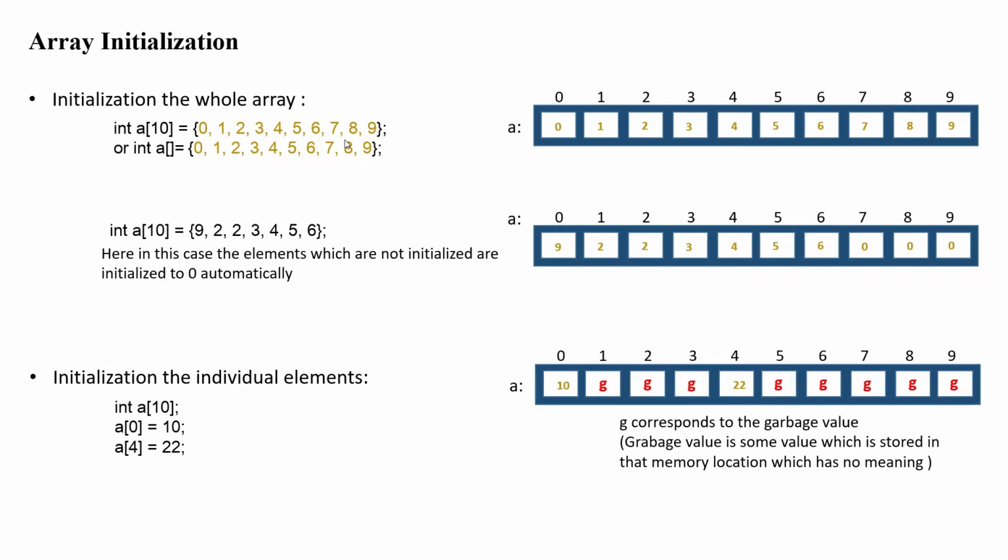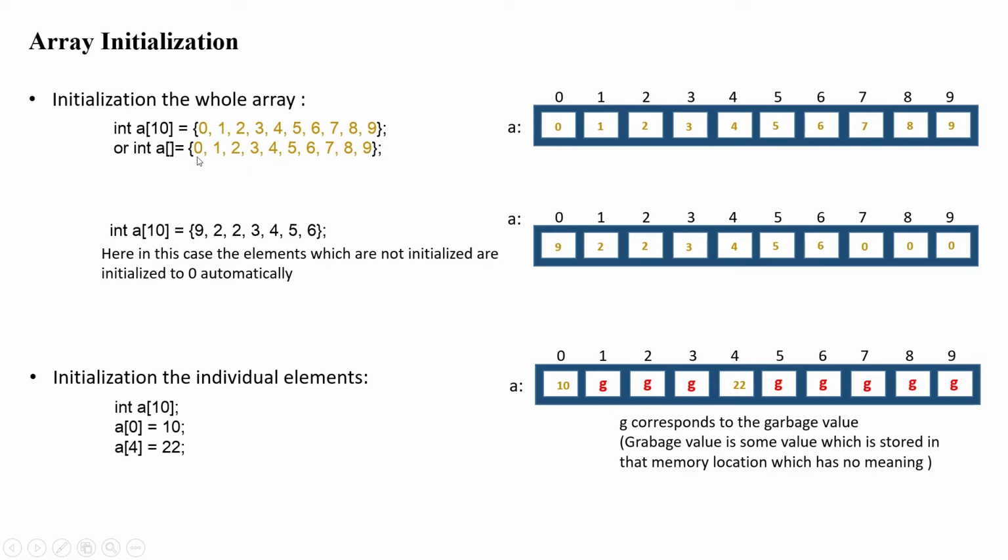Now we will discuss array initialization. Initializing the array at the time of declaration looks like this. You can either declare the size in the brackets, or you may not declare the size, while declaring the array and initializing along with it. What happens when you don't declare the size?